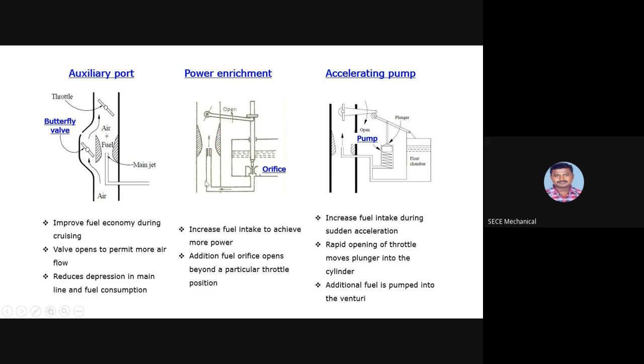In the power enrichment type, the fuel intake is increased to achieve more power. Additional fuel orifices open beyond a particular throttle position. The accelerating pump increases fuel intake during sudden acceleration. Rapid opening of the throttle moves the plunger into the cylinder, and additional fuel is pumped into the venturi.